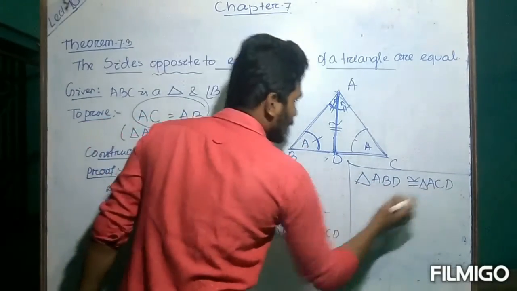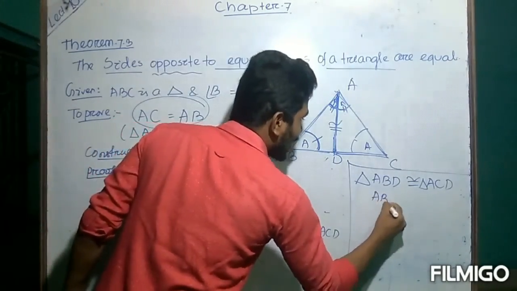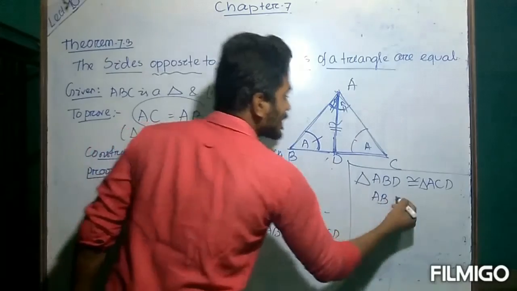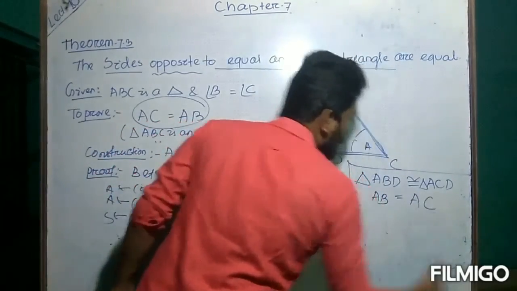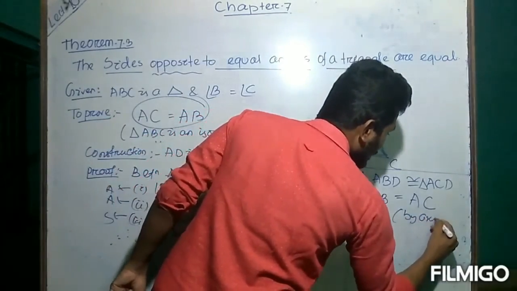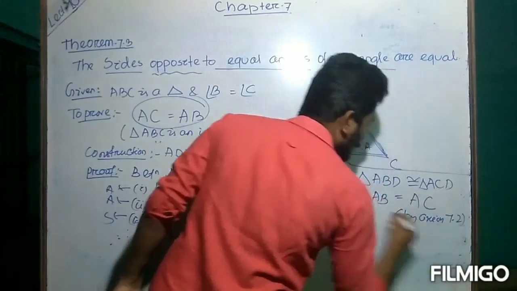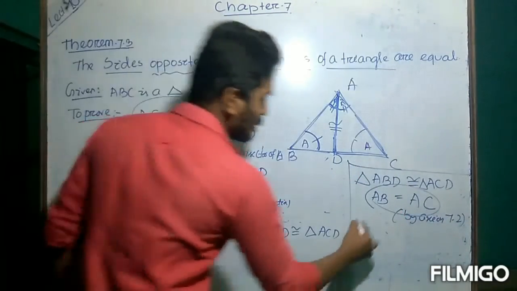Since two triangles are congruent, then we can say that this side AB of the triangle ABD is equal to this side AC of the triangle ACD. Okay, by axiom 7.2. Hence, we have proved what we need. Okay, this is the proof.